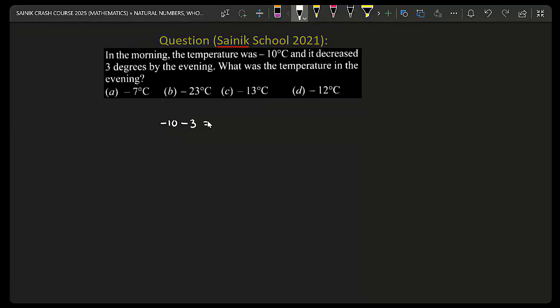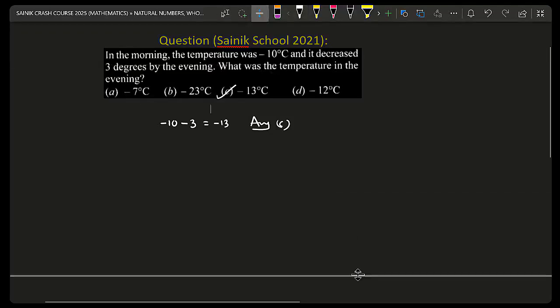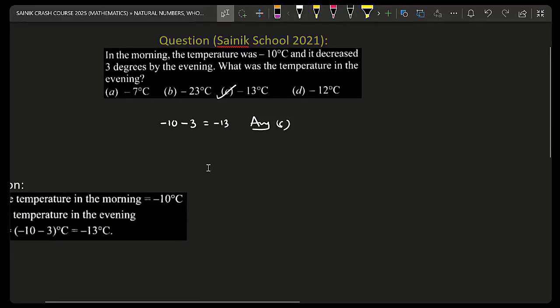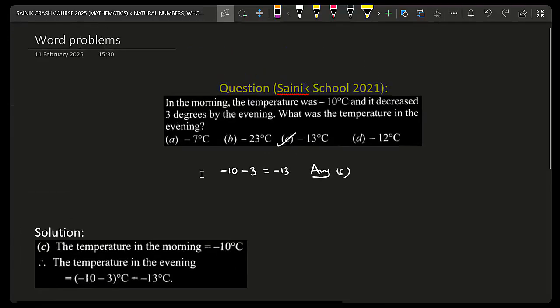Minus 13. Which answer is correct? Option C, sir. Very good, Manaswini. You can mute yourself. So, Manaswini got the answer. That is option C, correct answer.